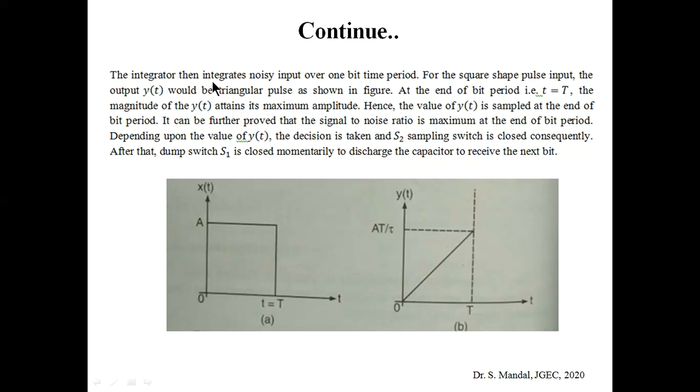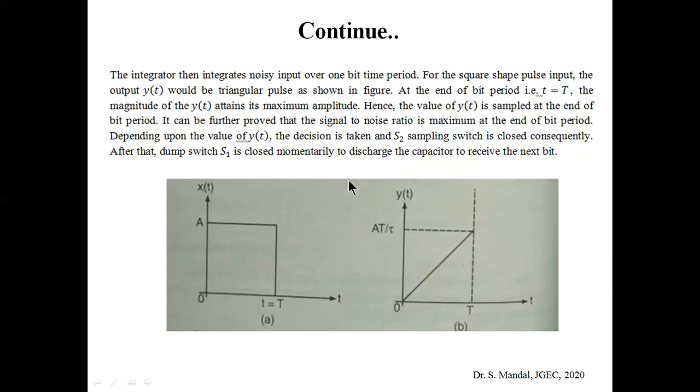After discharging, what will happen? Suppose the input signal x(t) is rectangular or square in shape. That means the voltage level is constant throughout the bit duration. Now if this signal is passing through the integrator circuit, the integrator will integrate it, that means the integral of A dt, that means A times t, and the equation is nothing but a straight line like this.